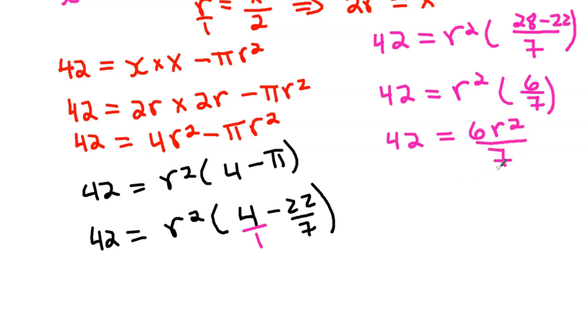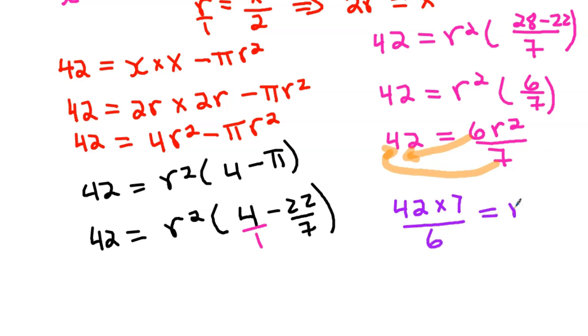Okay, you want to solve for radius, so you take this one over here that is dividing, so this is going to come here as multiplication, and this is multiplying, and this one is going to come as a division. What is happening is that it's going to be 42 times 7 over 6, and that gives you the r squared.